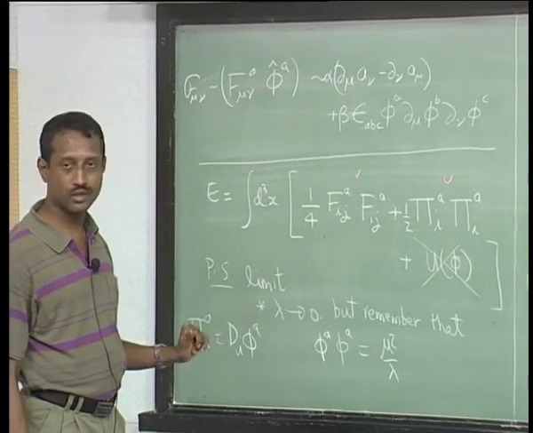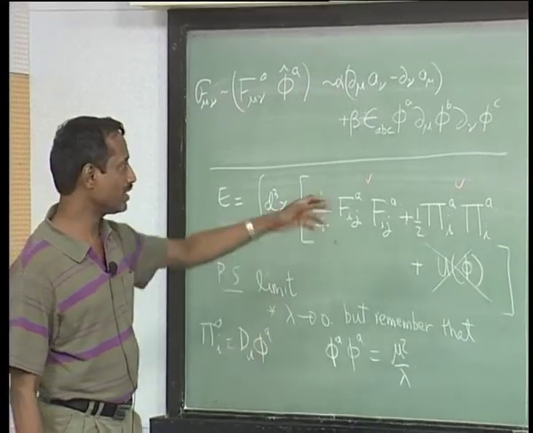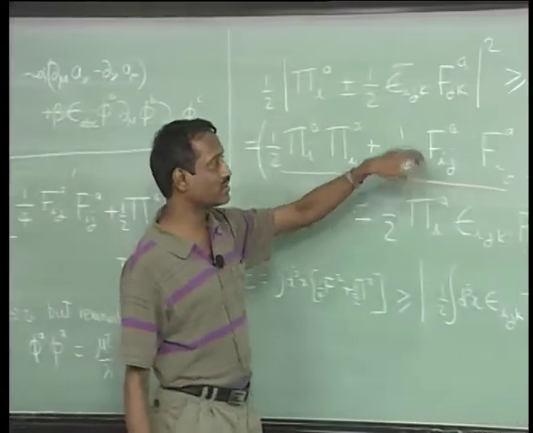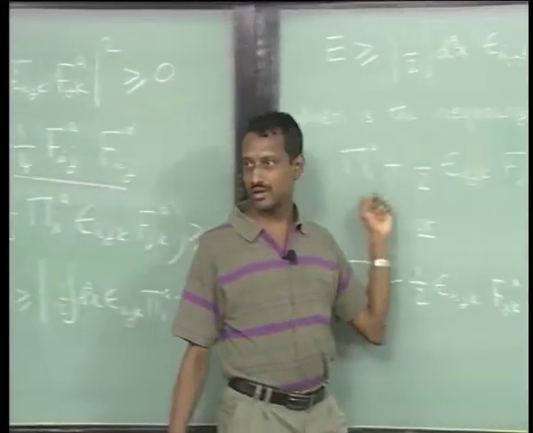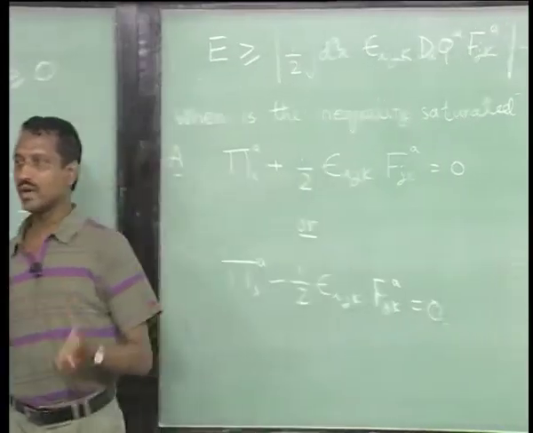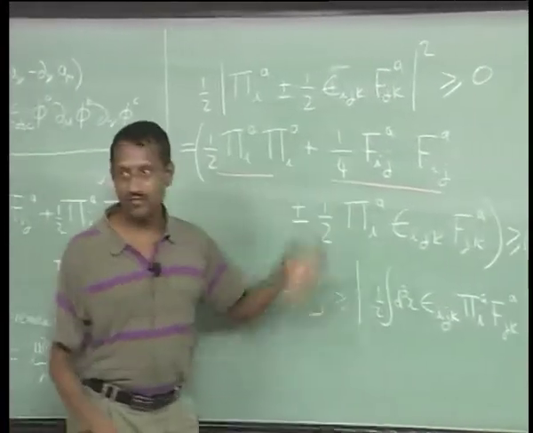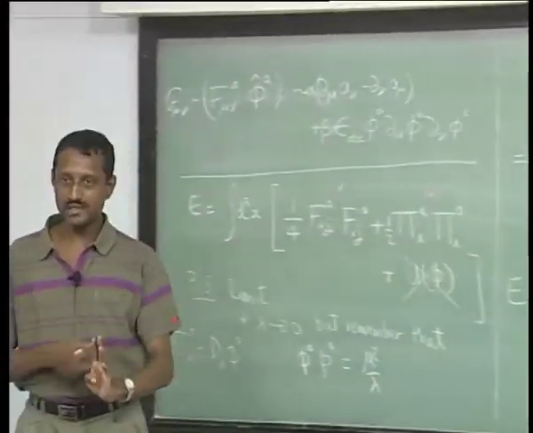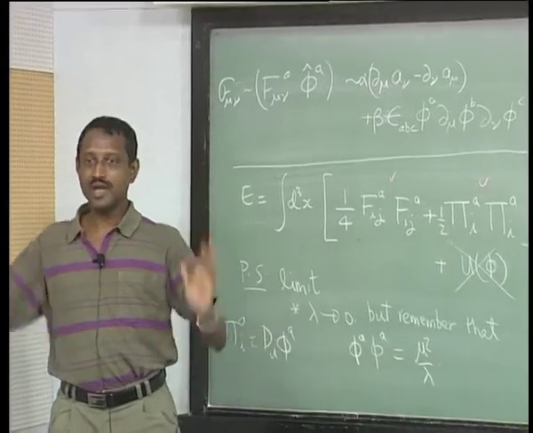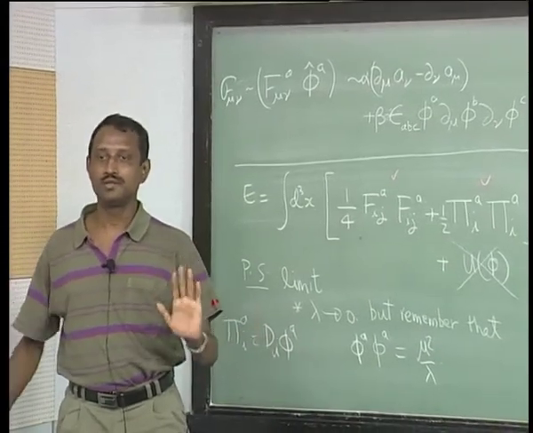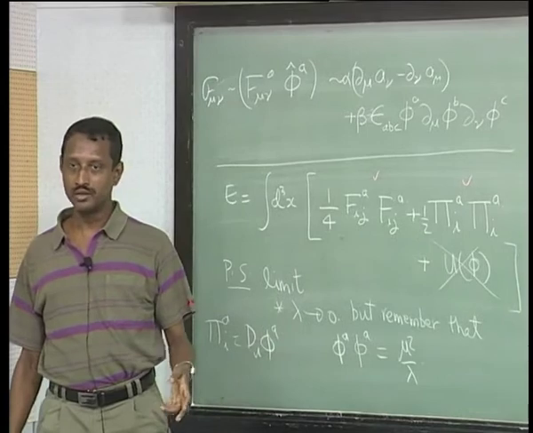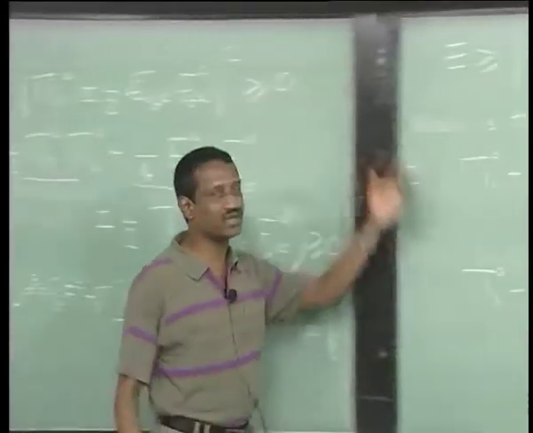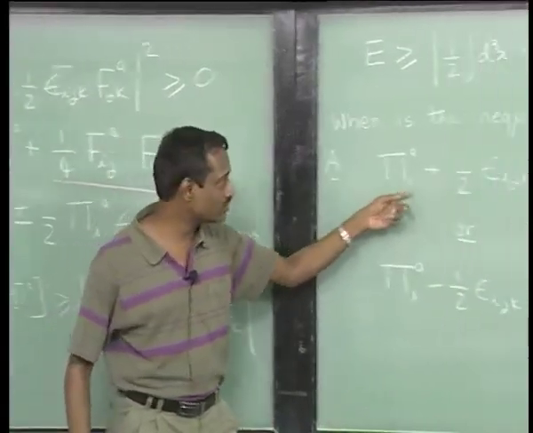Okay. But suppose I decide to do the same thing with the Hamiltonian density. In fact I am doing that. The equation I am writing is a sum of squares. If something is 0, even an integral, which is an infinite sum, has to hold point by point. That is what I am doing, otherwise I would have written a much weaker constraint, but here this holds point to point.